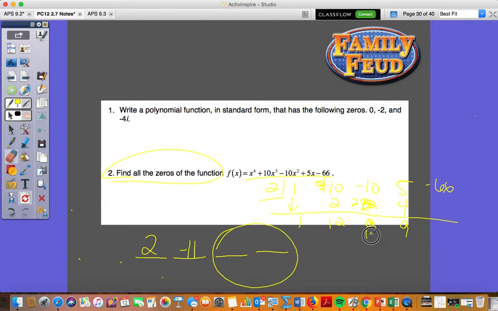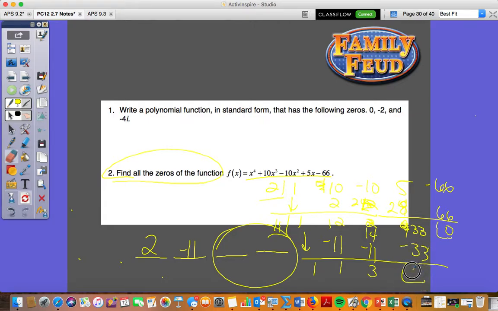So this is 14, this is 28, this is 33, 66, and there we go, okay? The second one we plug in is what? Negative 11, okay? Bring down the 1, negative 11, 1, negative 11, 3, negative 33, and we notice that this is a 0 as well.